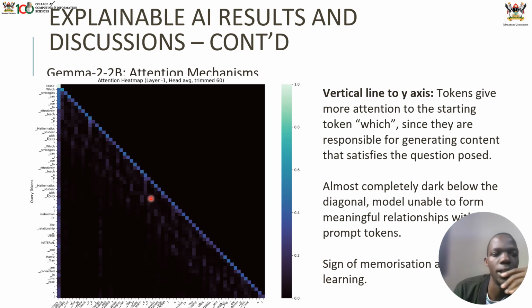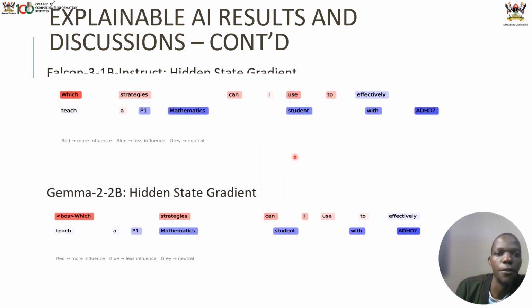Of course, we can see that the model gives greater attention to the last tokens, as you can see here. It is just a heat map. Here we have a token and how the other tokens attend to it. From here, we can see which tokens influence the output of the model.